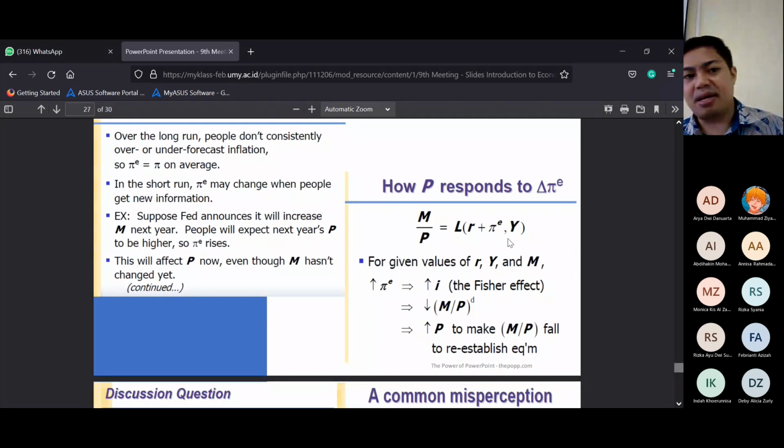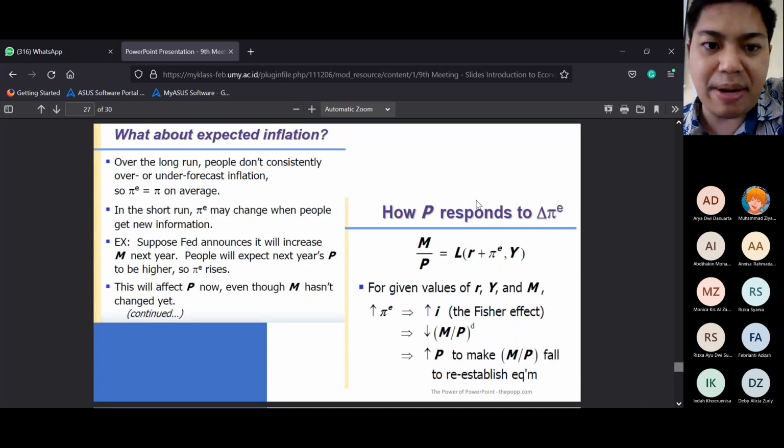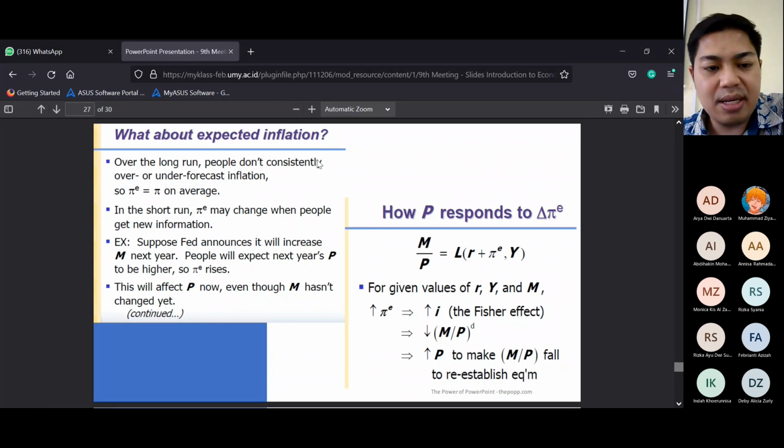And here is another explanation about expected inflation. You expect higher inflation in the future. So what is the impact here? It will increase the interest rate. If the interest rate increases, money demand will decrease, so nobody wants to hold money.